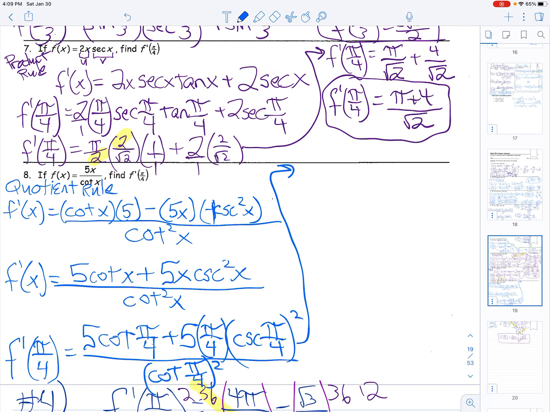So we're back to the 45 degrees, pi over 4 radians with the cotangent and the cosecant values. Are you guys okay with how we got the positive?